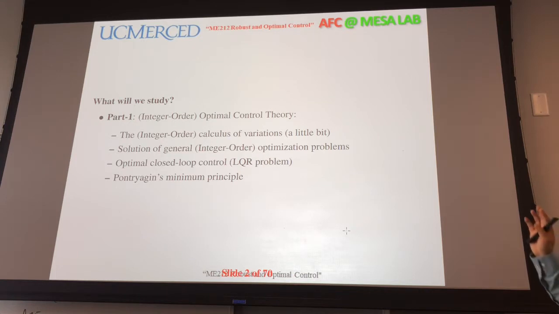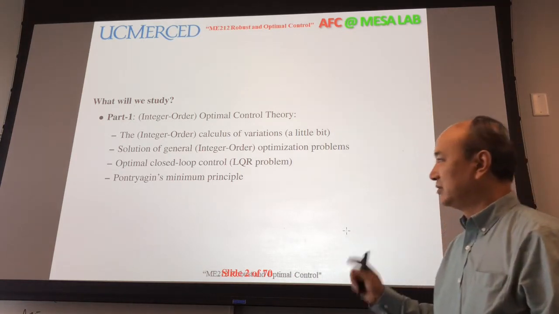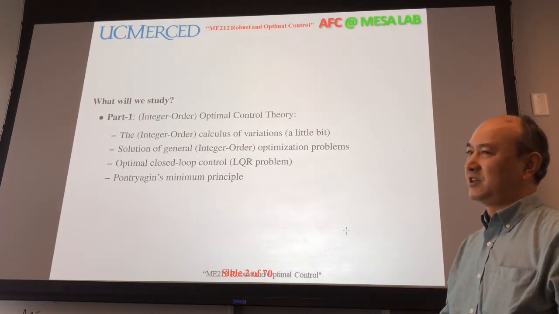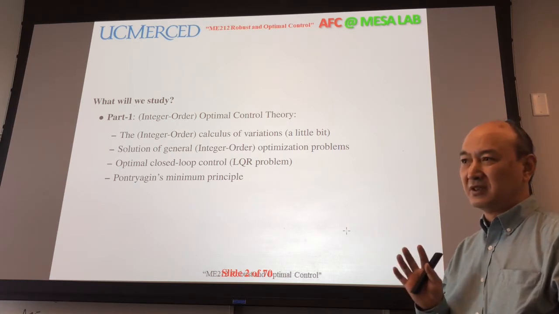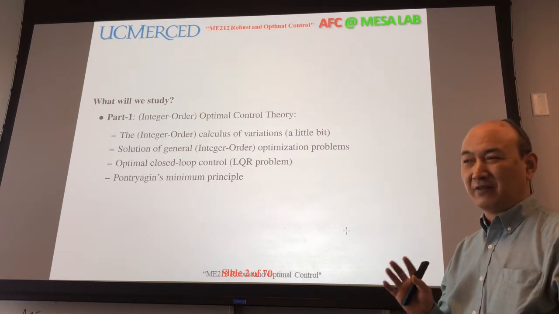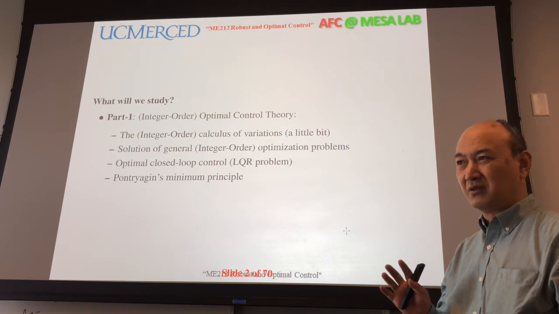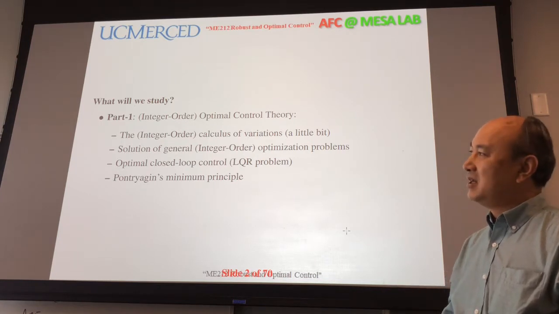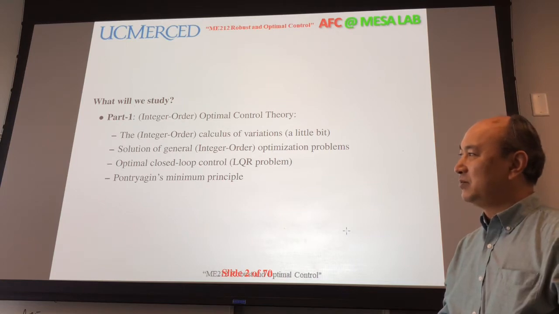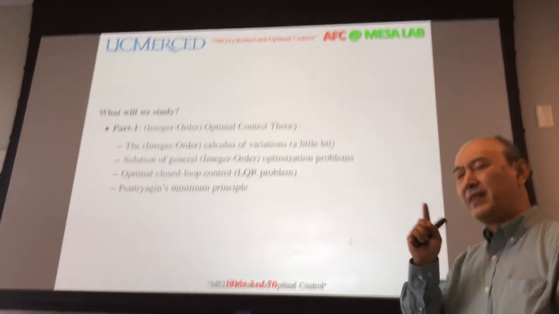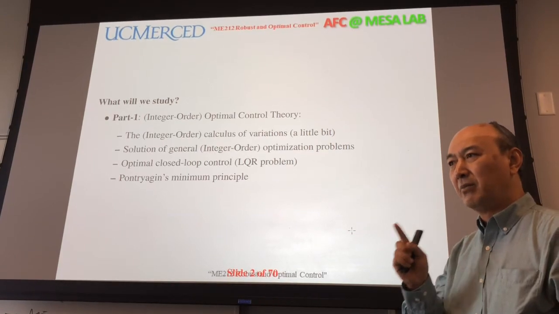But let me remind you, what we're doing is u of t. We're not talking about u of x. u of t is a control signal. What does that mean? Everything we do here is you put it in, you get output. That's called open loop.